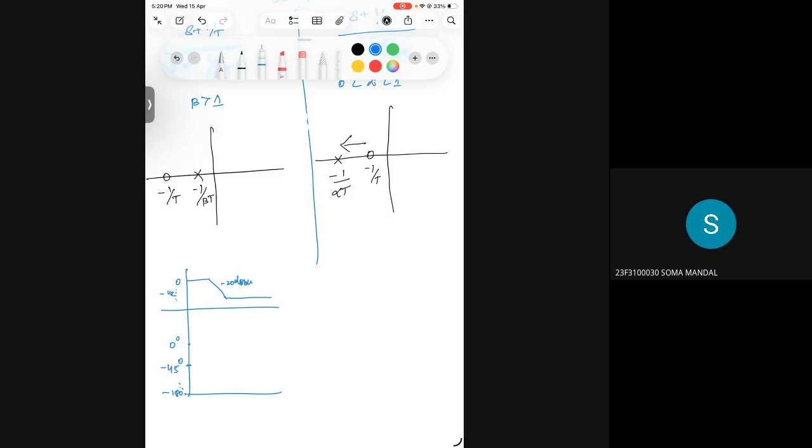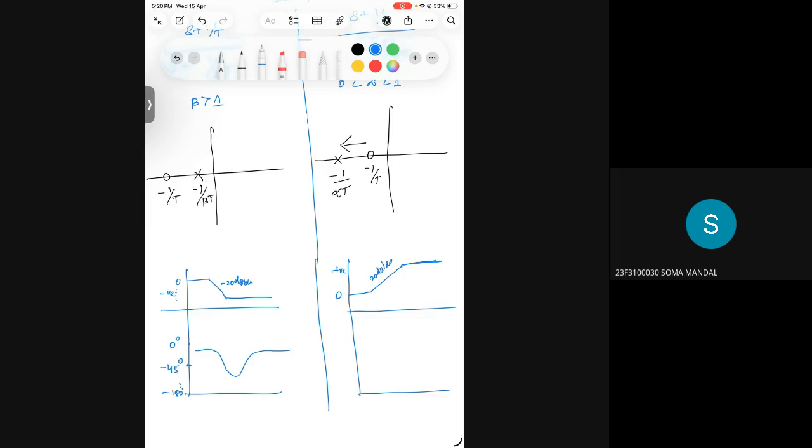So your lag compensator will look something like this in phase, while it has a minus 20 decibels per decade decay in magnitude. While your lead compensator will look like this. It starts at 0, and it has a positive slope of 20 decibels per decade, and it reaches some maximum positive gain value that depends on your alpha and T value, but in general I'm saying.